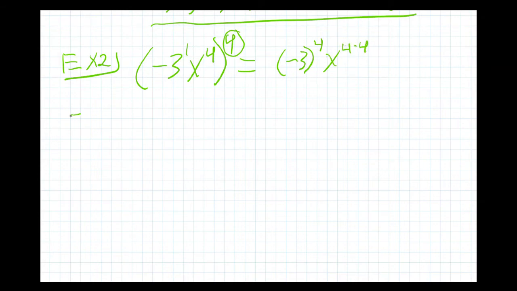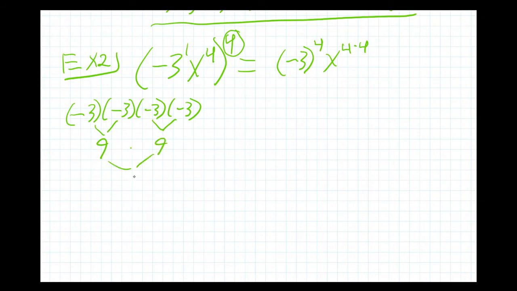So negative 3 to the fourth. That is like multiplying negative 3 times itself 4 times. So negative 3 times negative 3 becomes positive 9. Negative 3 times negative 3 becomes positive 9. 9 times 9, that's becoming 81. So we have 81 times x to the 4 times 4 becomes x to the 16th there.